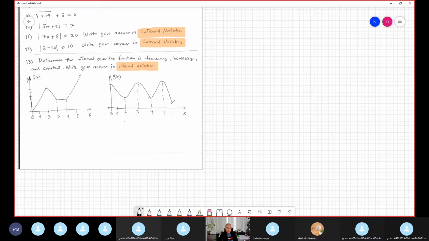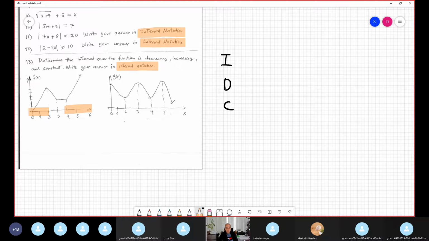You travel on the curve from left to right, always from left to right. Let's focus on the first curve. You copy here: increasing, decreasing, and constant. Increasing is obviously this interval and this interval.